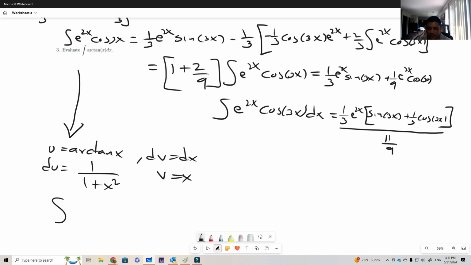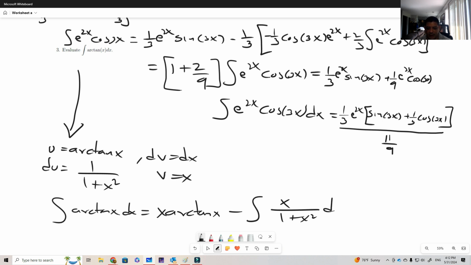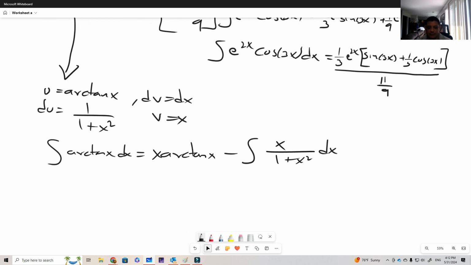Then the integral of arctangent of x dx is going to be u times v, so x arctangent of x minus the integral of v du, and this is x over 1 plus x squared dx. And notice that this is a simple substitution.